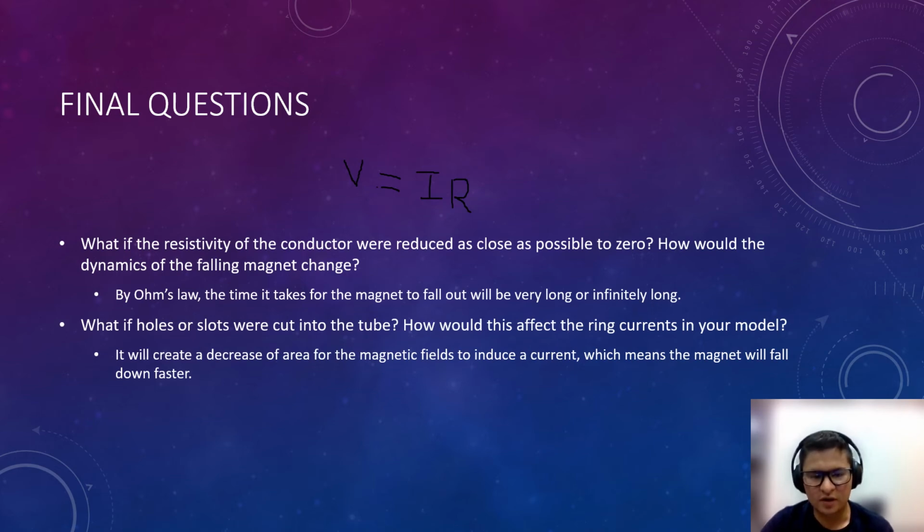If we divide out R, we're left with I equals V over R. So if the resistivity of the conductor R is going closer and closer to zero, our I will just shoot up to infinity.